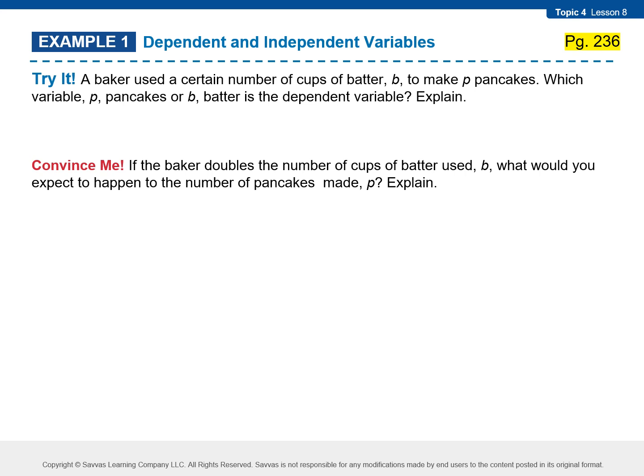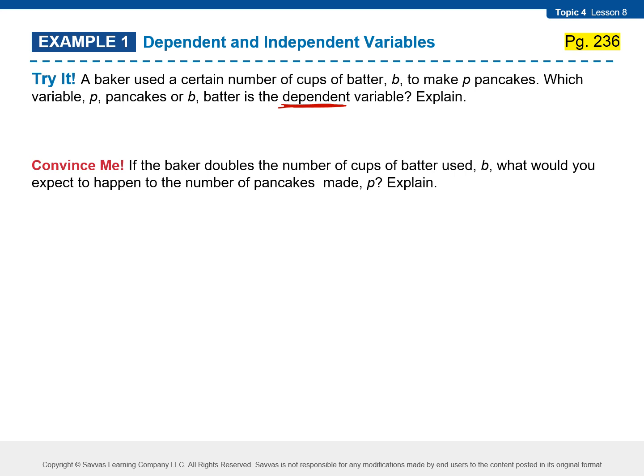Page 236, example 1, try it. A baker used a certain number of cups of batter, B, to make pancakes. Which variable, P, the pancakes, or B, the batter, is the dependent variable? So think about this. If you have pancake batter and you're making pancakes, which one is depending on the other?